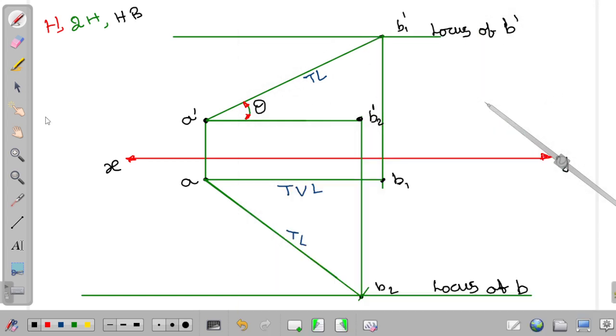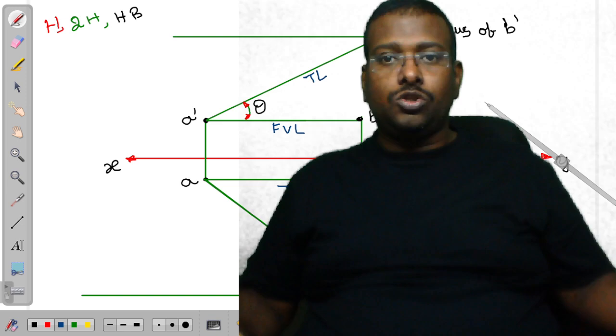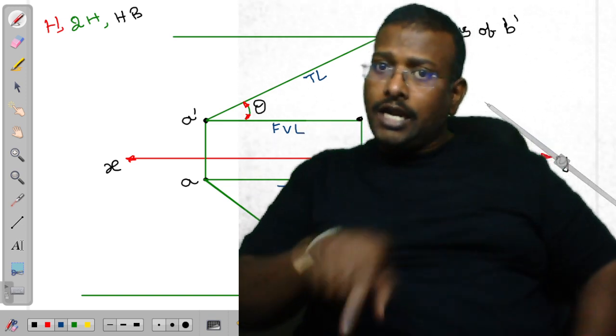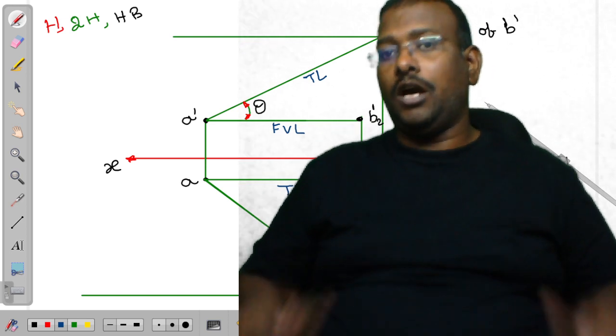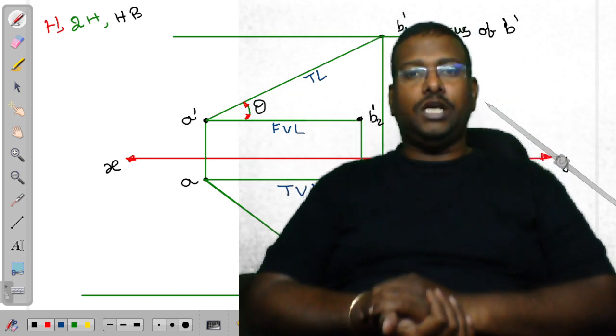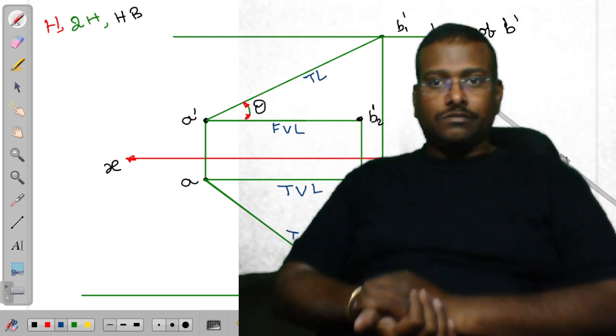Up to this, if it is clear to you, we can move on to the next step, my dear friends. If it is not clear, pause the video and view it again until you get this clarity. Then only we can proceed.